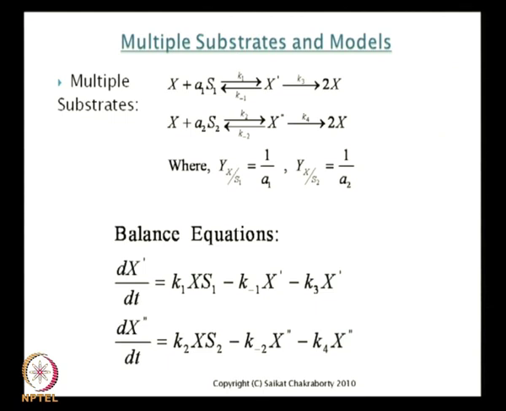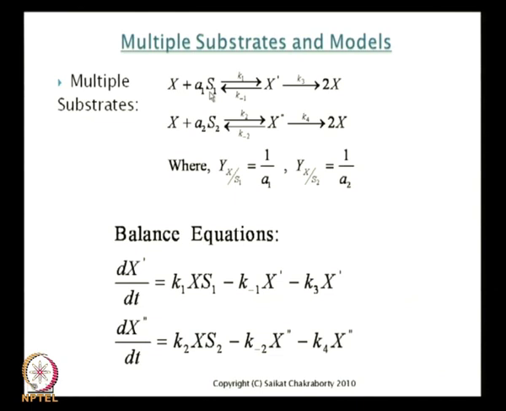The balance equations over here are this. I am writing a balance for the intermediate species, dX prime dt, and as you see over here, the first term is K1 X S1, which is the term because of this forward reaction over here. See where the arrow is. The second term is minus K minus 1 X prime, which is the result of the backward reaction of the first reaction.